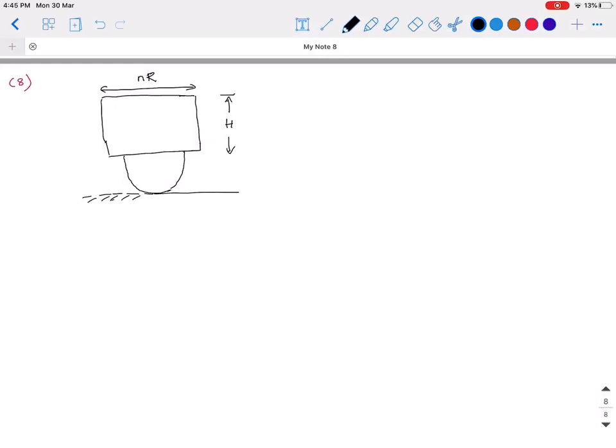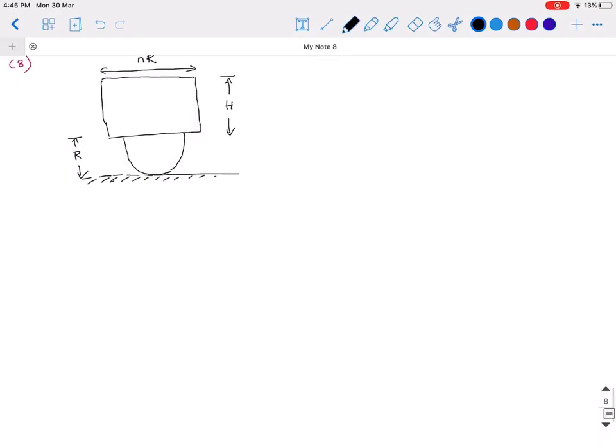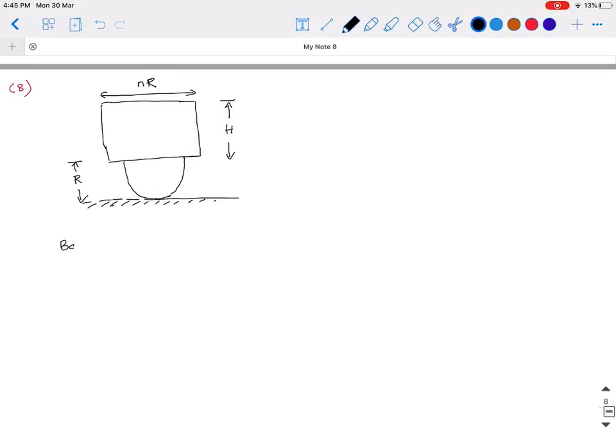A semicircle of radius r. They are made of the same homogeneous material, and they are secured together and placed on a flat surface.